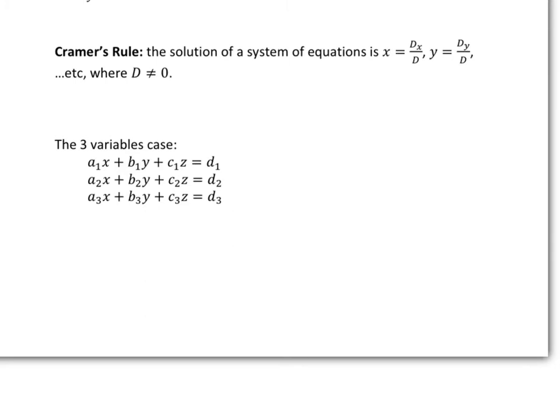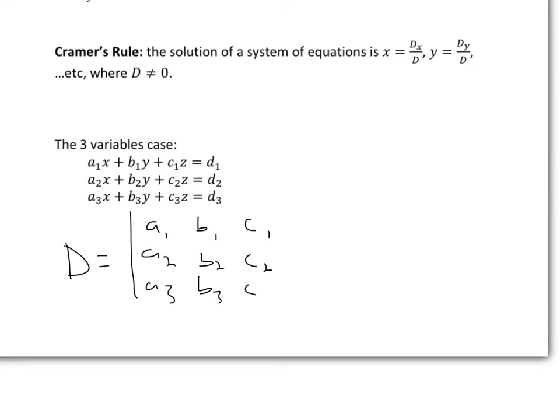The three variables case here, we're going to call them A1, B1, C1, A2, B2, C2, D2, all that stuff. Our D for the three variable case is going to be A1, B1, C1, A2, B2, C2, A3, B3, C3. You see that?